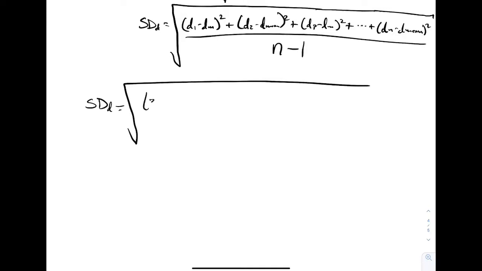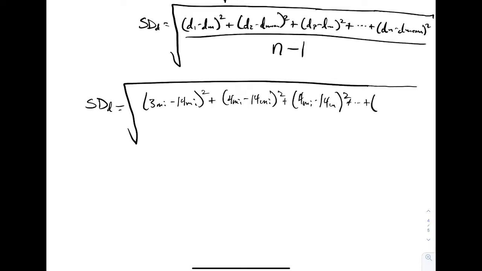It was 3 miles minus 14 miles squared plus 4 miles minus 14 miles squared plus 4 miles minus 14 miles squared plus, and we'll do the dot, dot, dot. And then our last value, I believe, was 40.